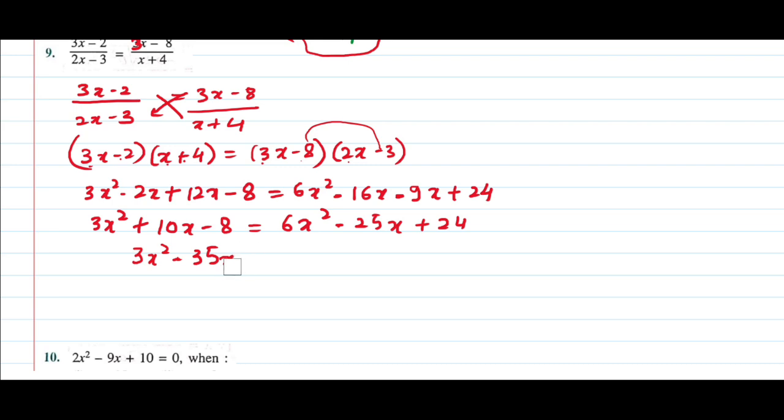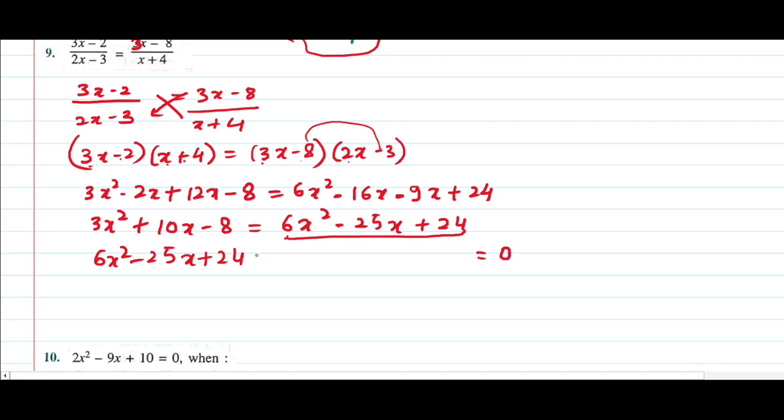So as not to get confused, I'll write it one more time. First, I'll write this term, that is 6x square minus 25x plus 24. So this is equal to, or else I'll change the signs and write equals 0.